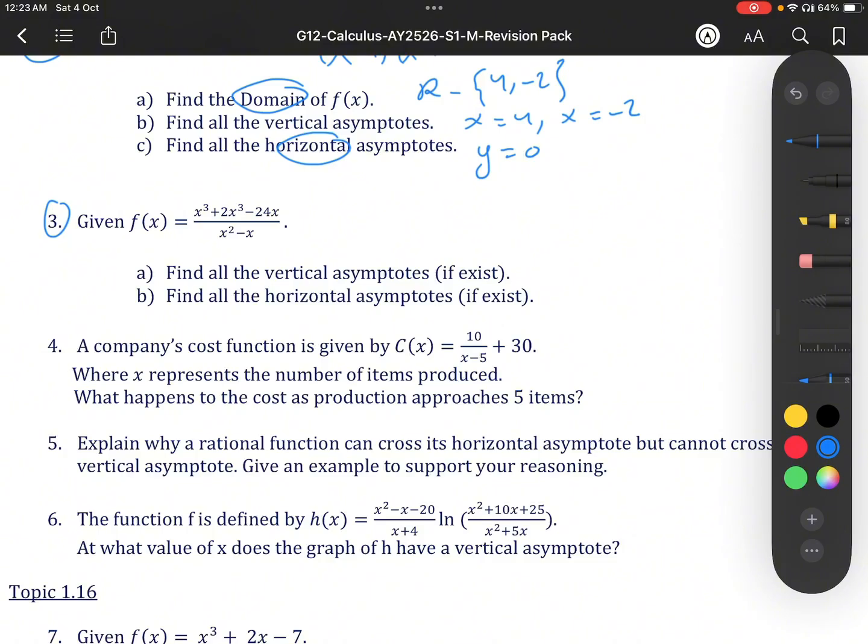Question number 3, also about vertical asymptote. So here we need to factor. So x GCF, x squared plus 2x minus 24, x GCF into x minus 1. So x into 2 parentheses, x and x.